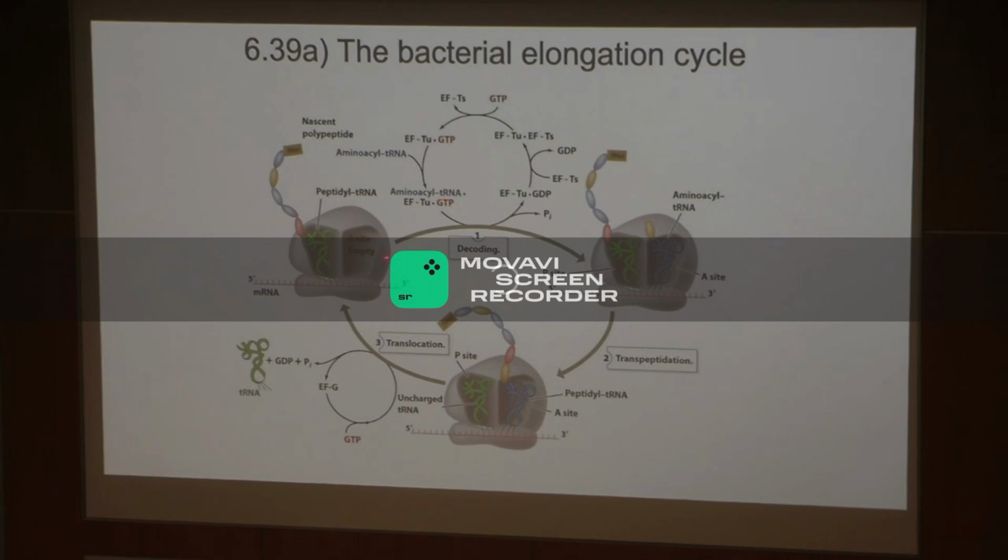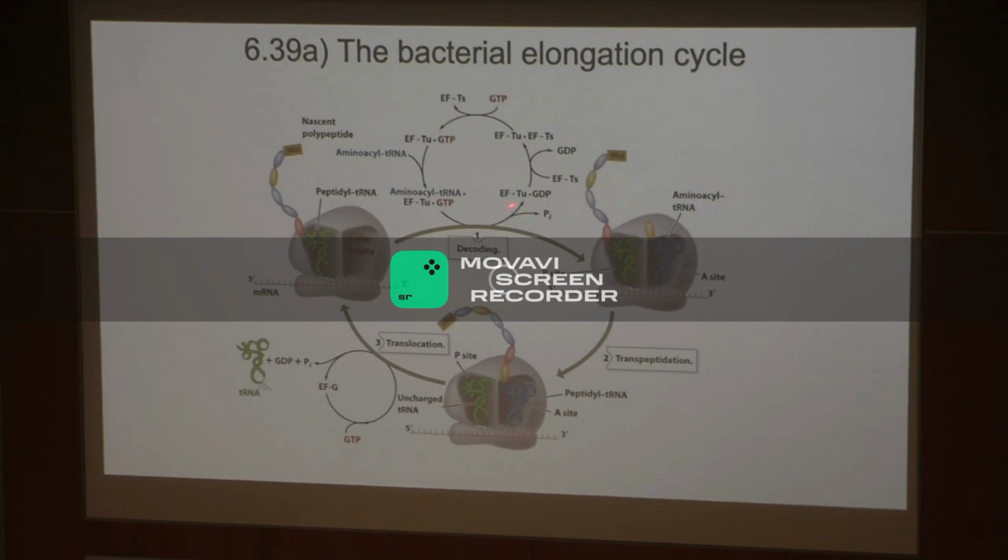Once it does that, we need to get rid of the EF-Tu, and so it turns out that this ribosome then acts as a GAP, a GTPase activating protein. As a result, the EF-Tu hydrolyzes the GTP, turning it into GDP.